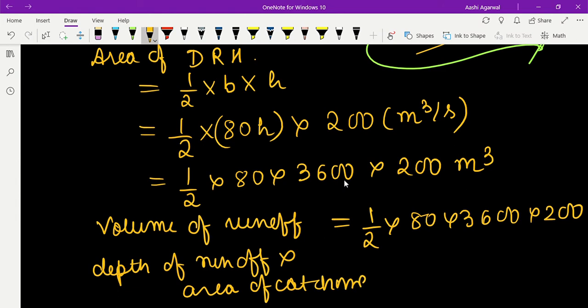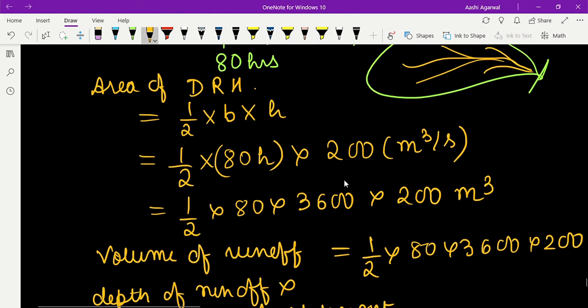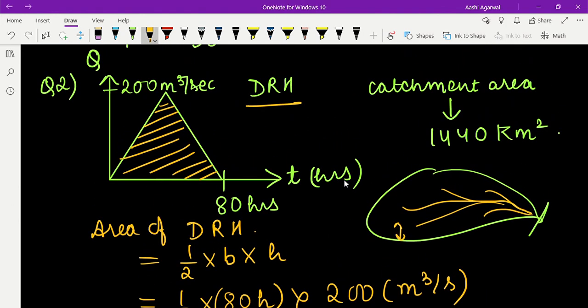This runoff has reached the river only from this catchment, right? So whatever is the depth of runoff into the area, that will be the volume of runoff generated from this catchment. From the question, I know the catchment area and I have to find out the depth of runoff.